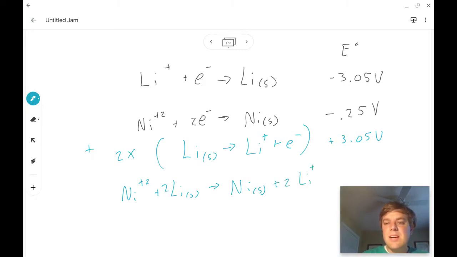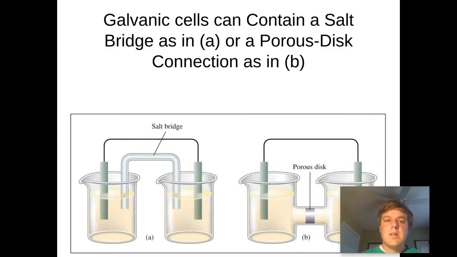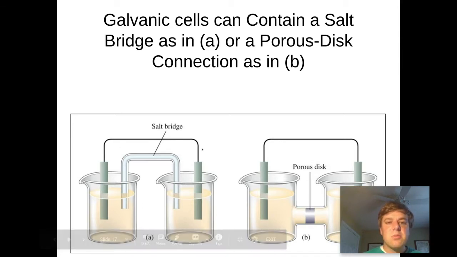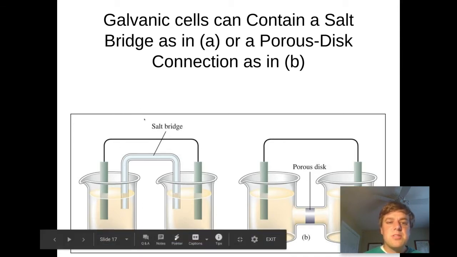And if we add our cell potentials together, we're going to get a cell potential of 2.80 volts. And if we look at this in action, essentially you would put lithium metal and a lithium electrolyte solution together, and then you would put nickel metal and a nickel electrolyte solution together with nickel ions in it, and you'd have your salt bridge, and then you would generate the cell potential and electrons would flow.